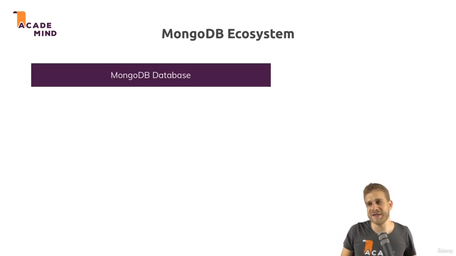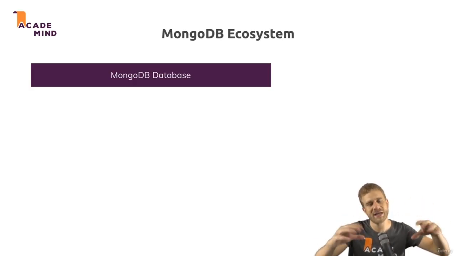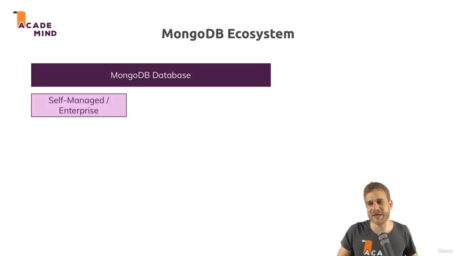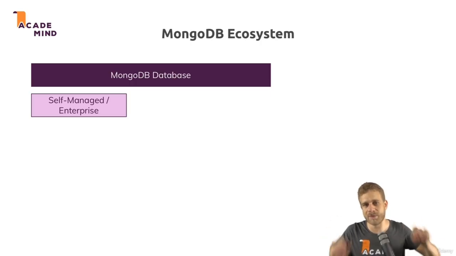Obviously, we got the MongoDB database, which is their core asset, the core feature, and the core topic of this course, and probably the reason why you took this course. There you have a self-managed and an enterprise solution. We'll work with the free community version in this course, which has all the features we need. But of course, I will also dive into deploying that and showing you a way of getting your local database, with which we'll play around in this course, into the web and how to use it on a real app.